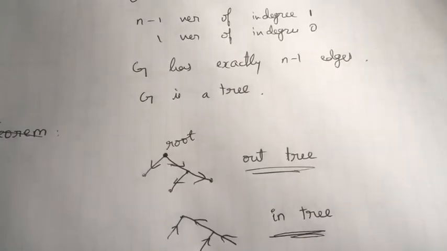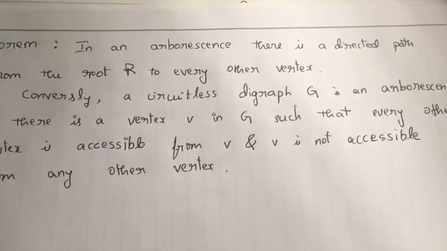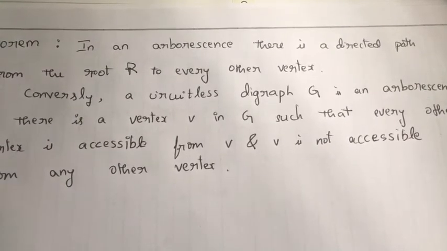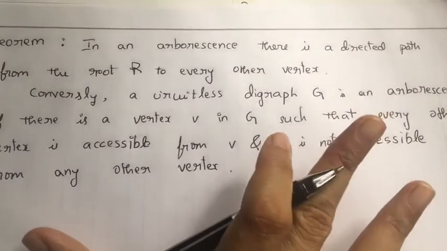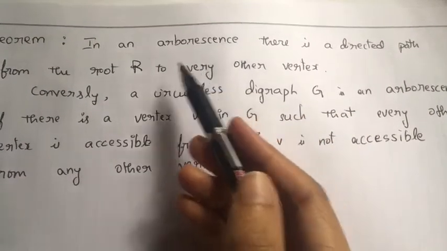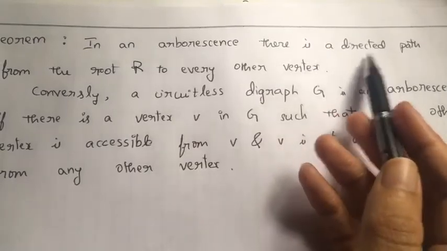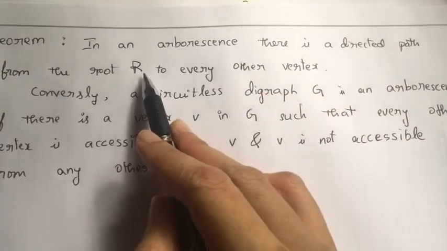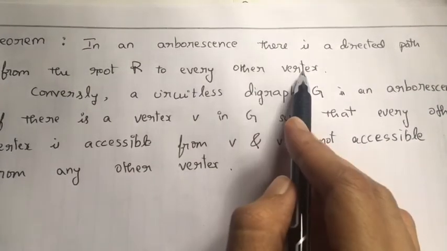Let us look at one more theorem. This theorem is similar to the definition of the arborescence. In fact, it says in an arborescence there is a directed path from the root to every other vertex.